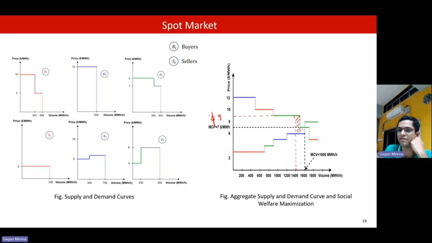This difference is extra because of 9. This difference will be used to pay the buyers of this FTR, owners of FTR, those who want some transmission rights. This surplus can be used to supply them.